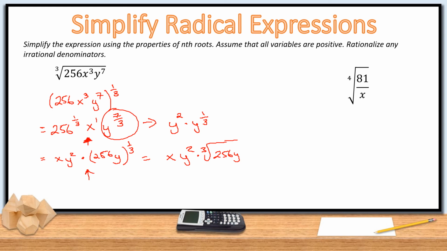All right, fourth root of 81 over x. So this would be 81 over x to the power of a quarter, or we could say it's the fourth root of 81 over fourth root of x. Like, doesn't really matter which one we do. So does 81 have a fourth root? So what I usually do for fourth root is either the math button, there is an option to do any number root.